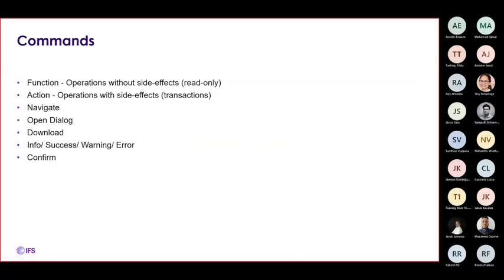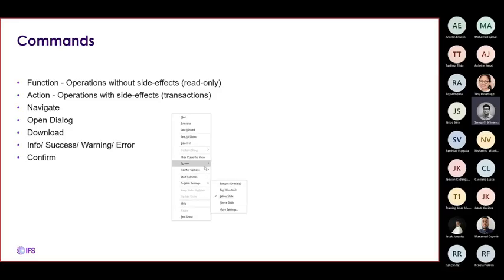These commands or buttons are there to do different things. First of all, they are used to invoke things called functions and actions. These are actually web service endpoints in OData web services, right? We'll talk about these functions and actions in a moment.